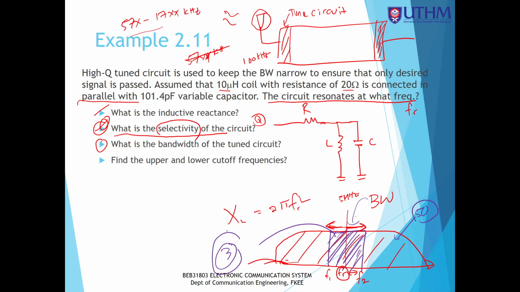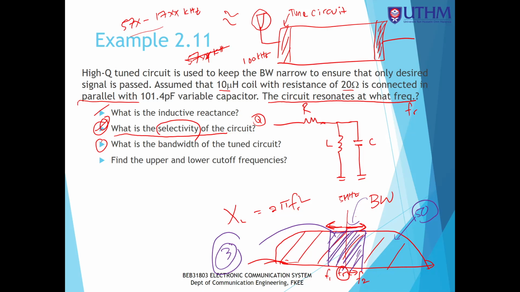So once the tune circuit selects, for example, 3 radio station, the next process will process until we get a single frequency band. Kamu cuma nampak, you only see up to tune circuit yet. We are not moving to the next process. So there are many other processes after this. When we manage to limit the frequency band, easy for us to do the next process until we do the demodulation process.